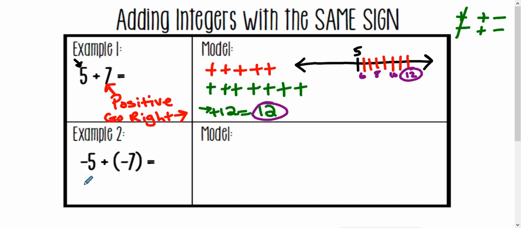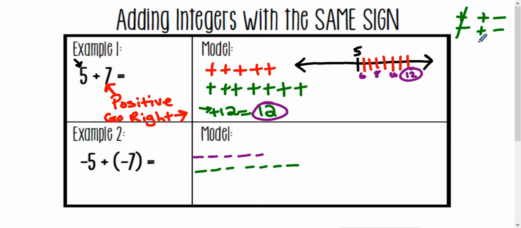Let's try it with some negatives. So in example 2, I'm going to start with this negative 5. And using my first type of model, this time instead of making 5 positives, I'm going to make 5 negatives. Because again, we're talking about a negative 5. And to that, I'm going to add 7 more negatives. 1, 2, 3, 4, 5, 6, 7.